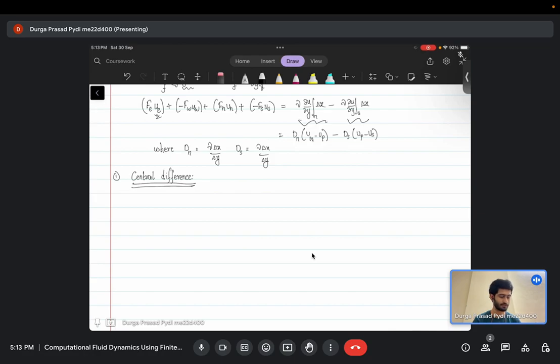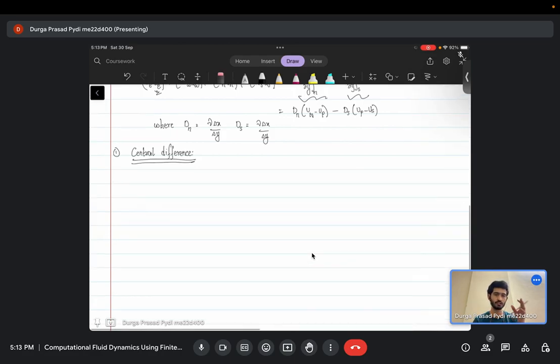What we do in central difference is a very simple logic. I'll just do it for the east coefficient, and similar steps apply for all other coefficients as well. Say this is my P cell, this is my east cell centroid, and this is my east face centroid. So we are approximating u little e to be (up plus ue) by 2. Similarly for all other faces.